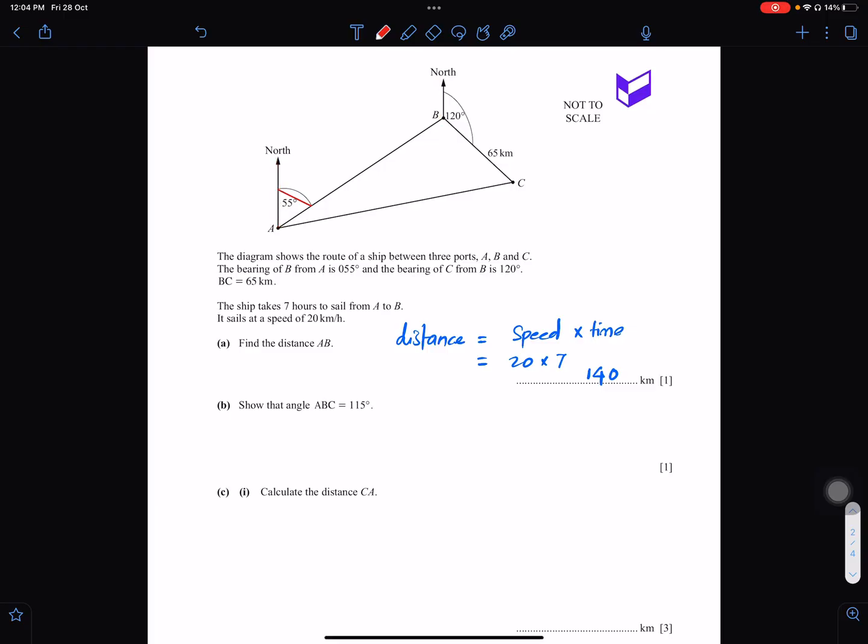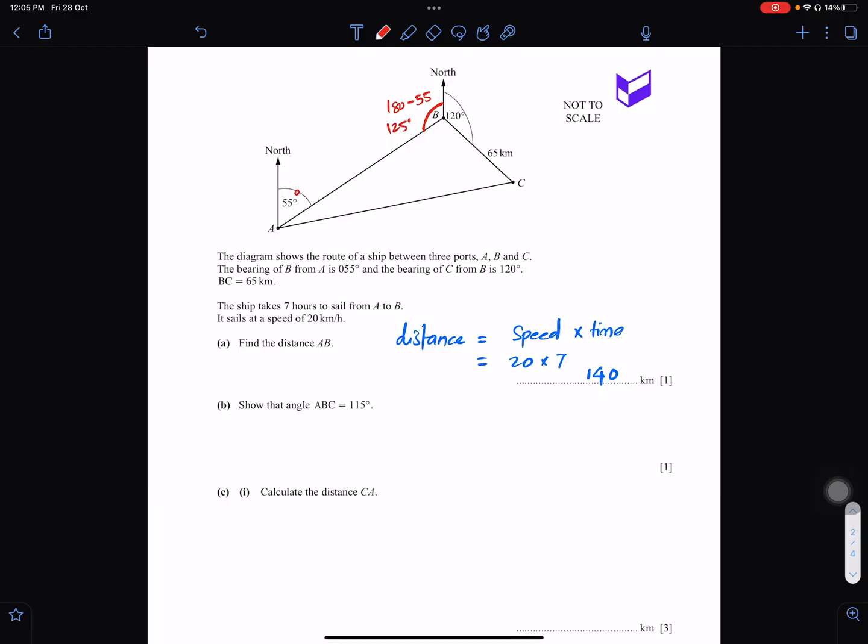Therefore, this angle is going to be 180 degrees minus 55. The reason being these two angles add up to 180. They are basically the co-interior angles of parallel lines. So 180 minus 55 is 125. So this angle is 125.